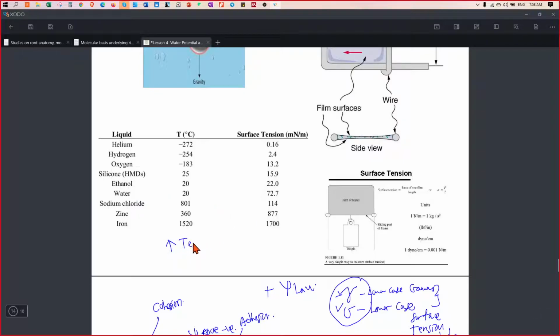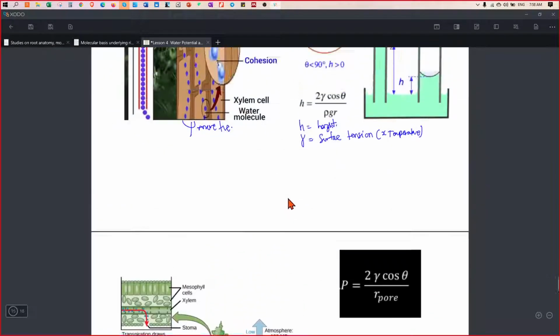Higher temperature will lower surface tension. Please remember that. Higher temperature, lower surface tension. This value is at 20 degrees, meaning that at a higher temperature, for example 30 degrees, the surface tension is no longer 72. It's going to be lower than this.